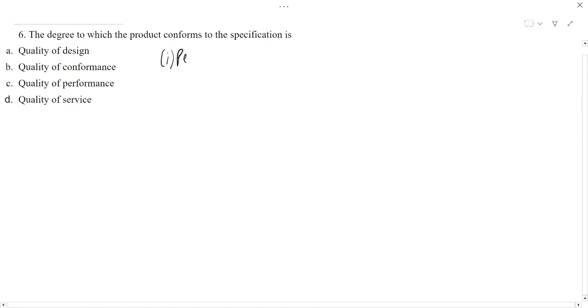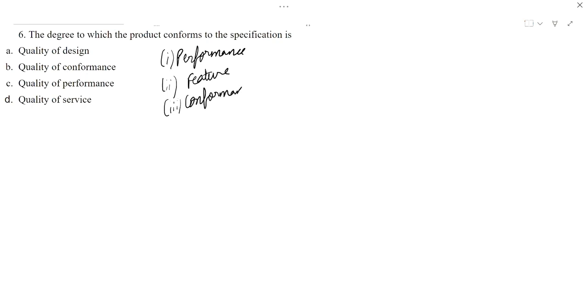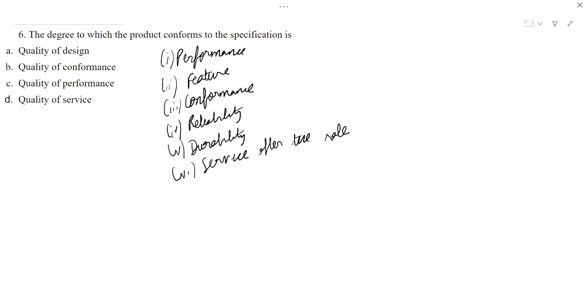Those were performance, feature, conformance, reliability, durability, service after the sale, response, aesthetics, and lastly reputation.